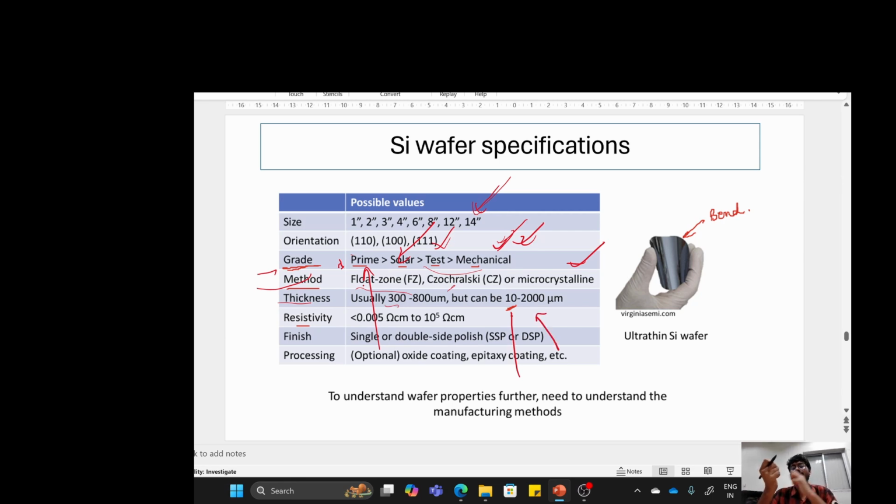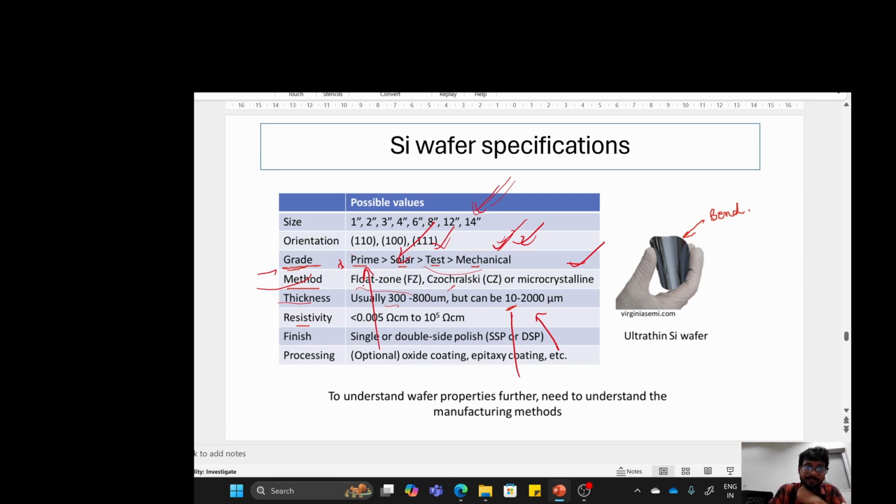A certain thickness of wafer should be there to hold it for this 14 inches, because if it were thin, it would break by its own weight if you are taking it from one corner or somewhere, because you cannot take it from the middle, right?